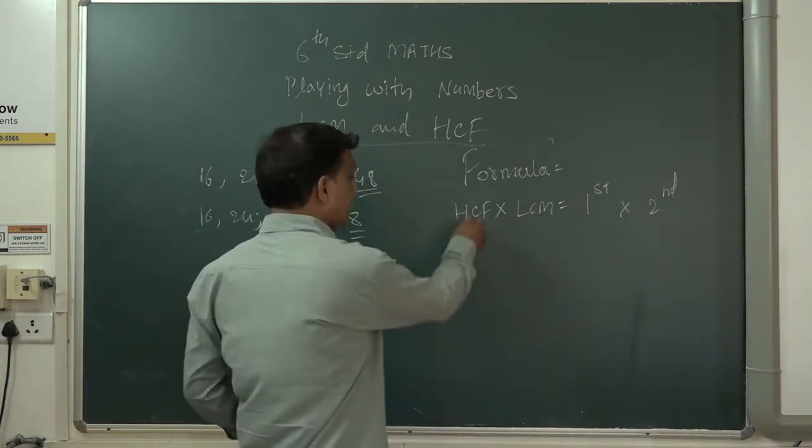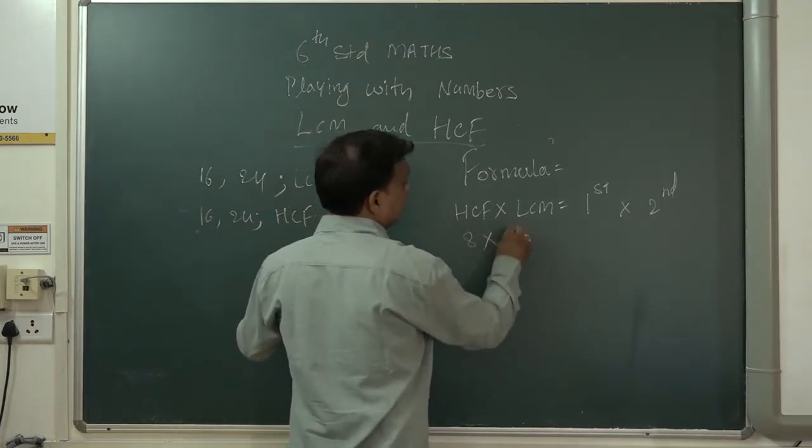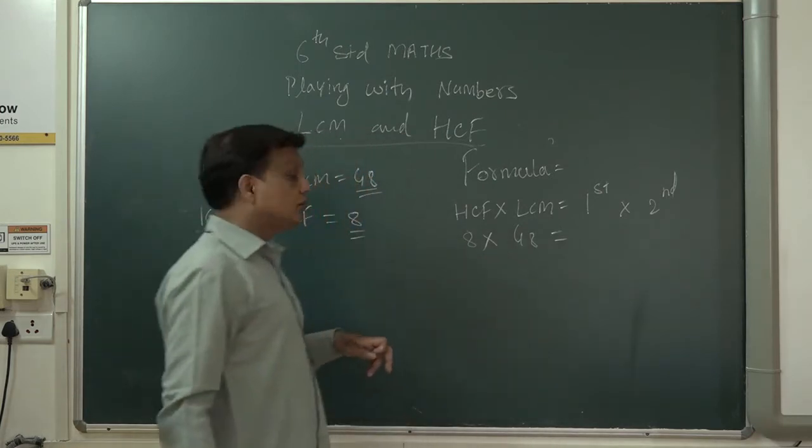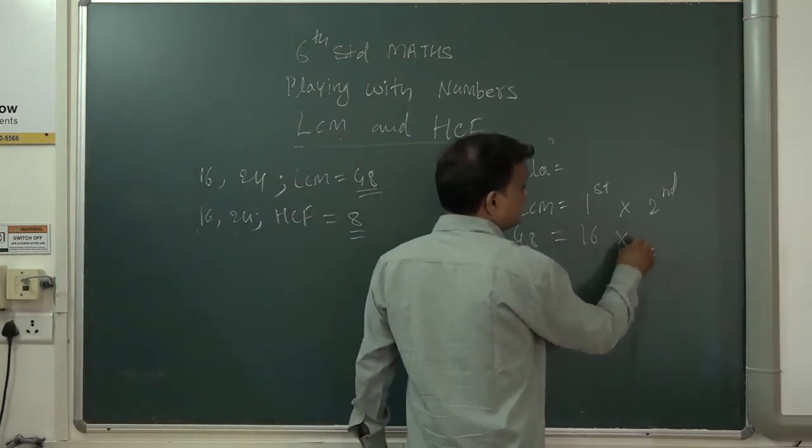When you multiply, if you take these numbers, HCF we are taking 8 multiplied by 48. These are equal to first number and second number, 16 multiplied by 24.